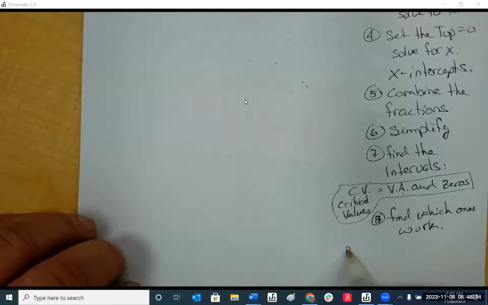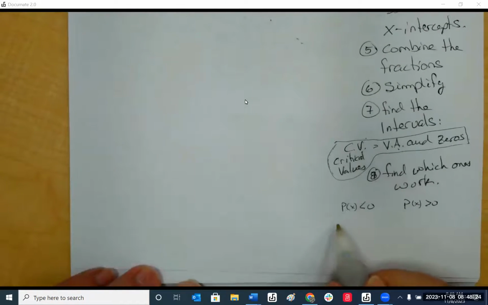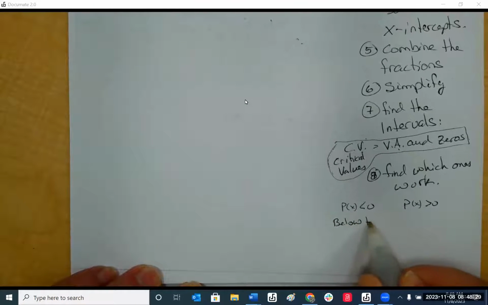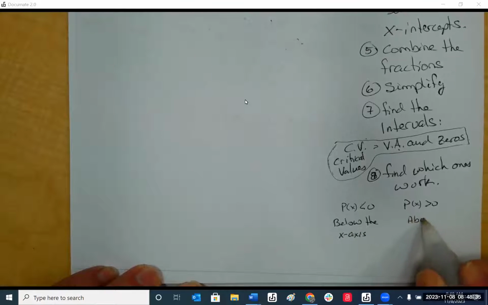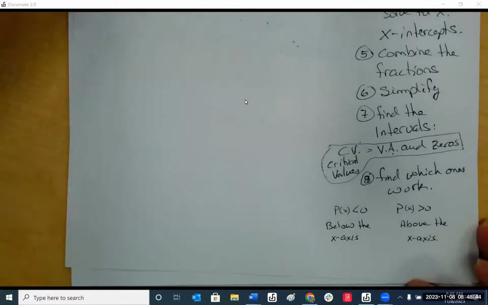Same thing: if your polynomial is less than 0, we want below the x-axis. And if it's greater than 0, we want the intervals that are above the x-axis. That's what it tells us.